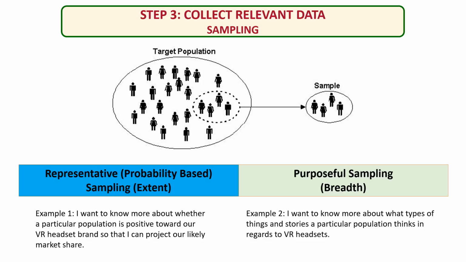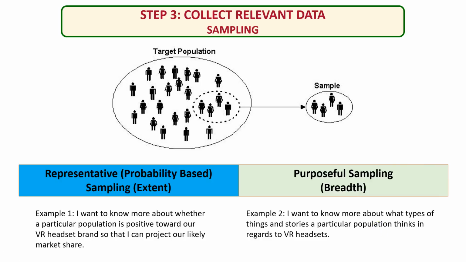So this one is all about the different kinds of customers within the market as you think are relevant. You may want, for example, beginners, technology aficionados, gamers who like action, gamers who like horror, teens, middle-aged men, and so on. Basically, you're using what's called purposeful sampling. Big idea is the breadth of what you learn.